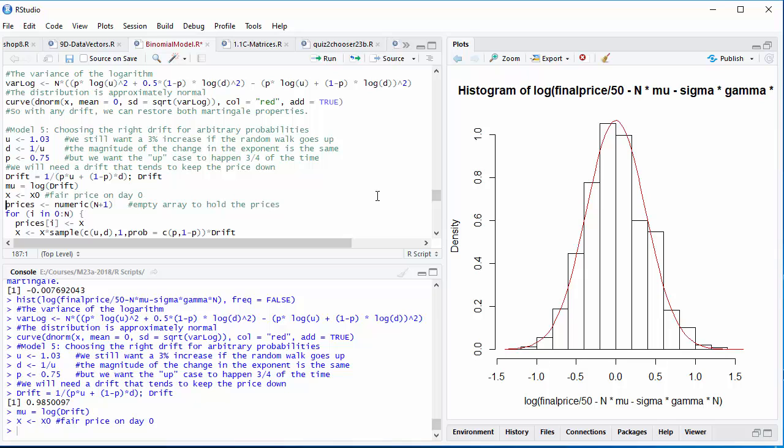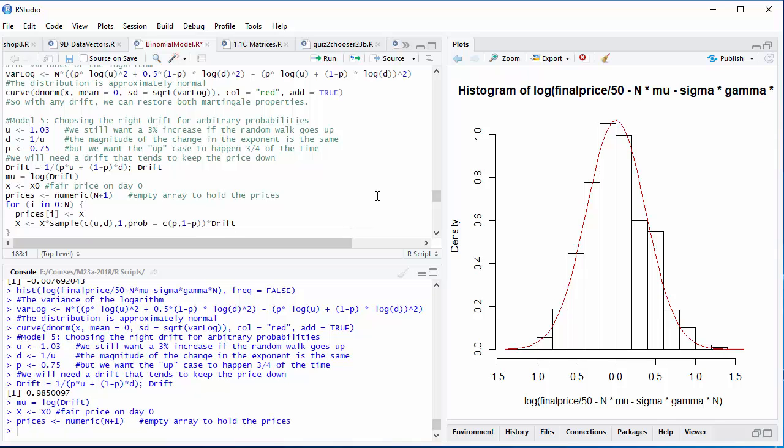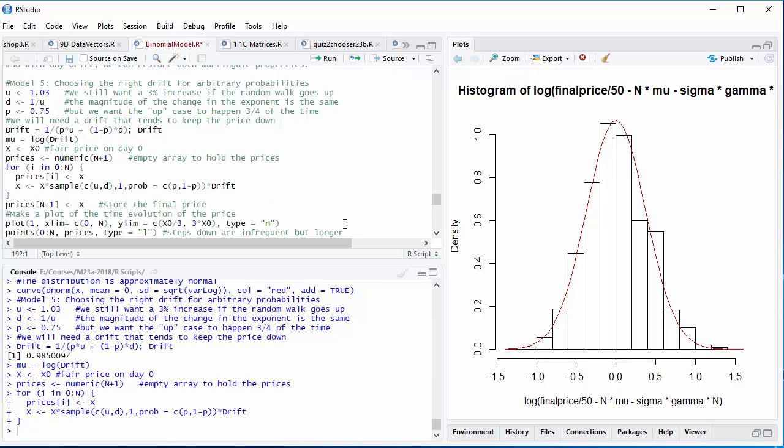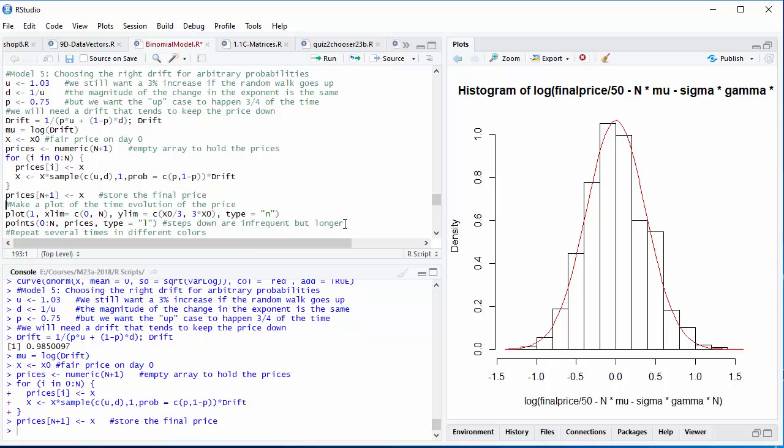Initialize the price on day 0, set up an array to hold the prices, and what I'm doing now is to say every day while I use an upstep or downstep with the probability chosen from a vector whose 2 components are 75% and 25%, I also multiply by the drift that compensates for the asymmetry in that.